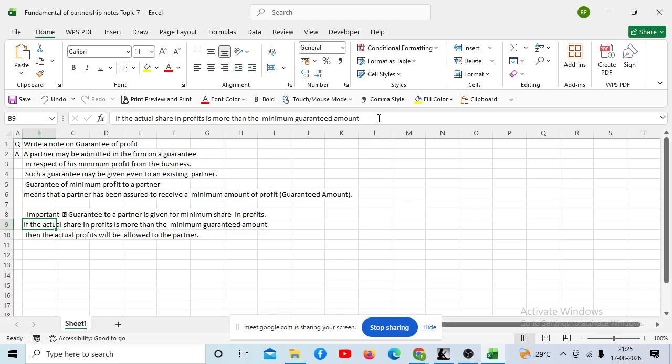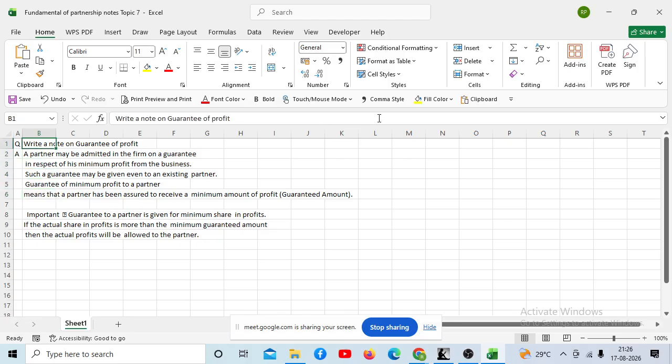As we told that we will give you 1 lakh, but after distribution he is getting only 80,000, so there is a shortfall of 20,000. That shortfall will be borne by the remaining two partners, that is A and B. That is called guarantee of profit.